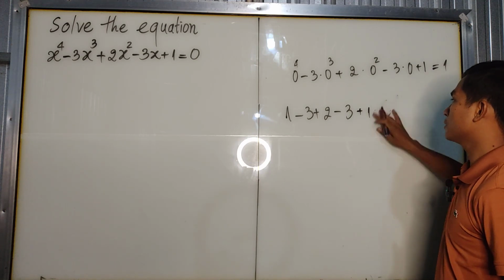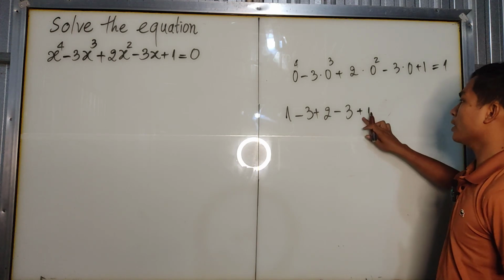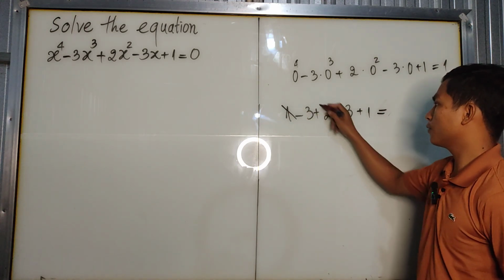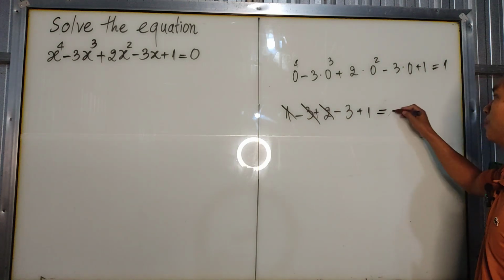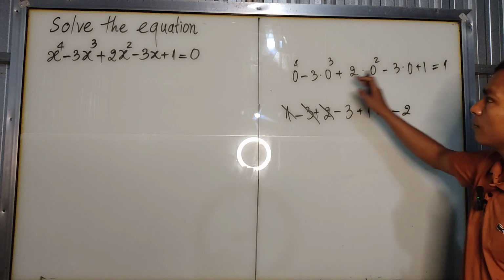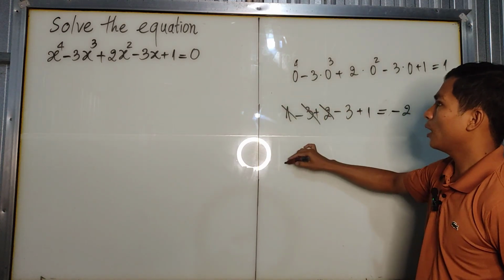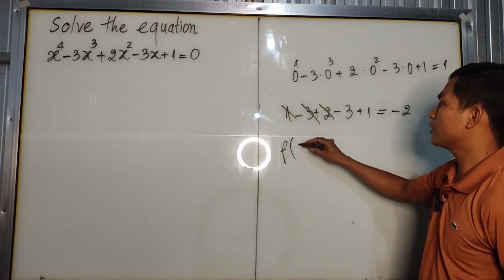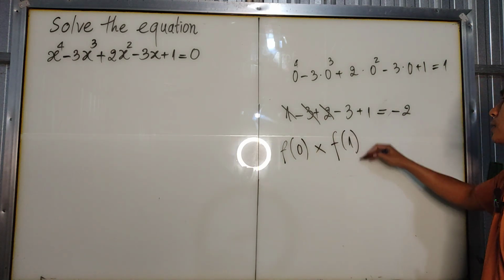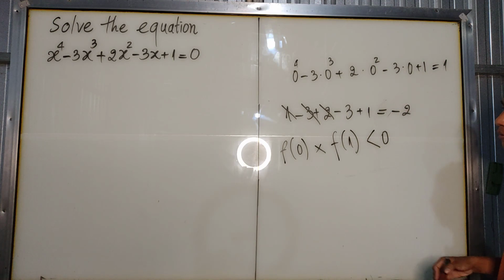Sorry, this plus 1. We simplify this, we get minus 2. And so we have f of 0 multiplied by f of 1 is negative.